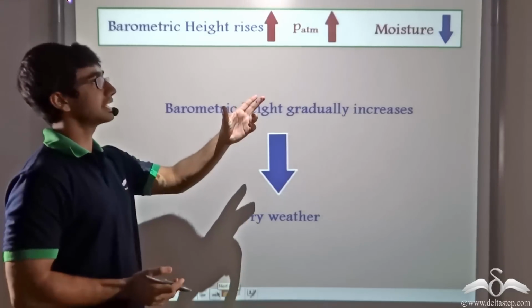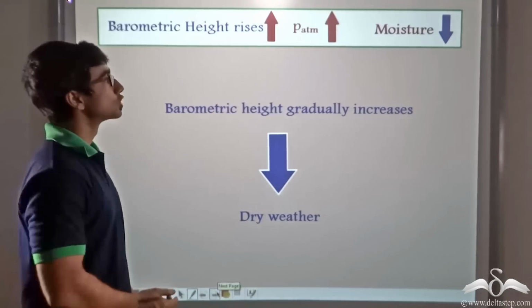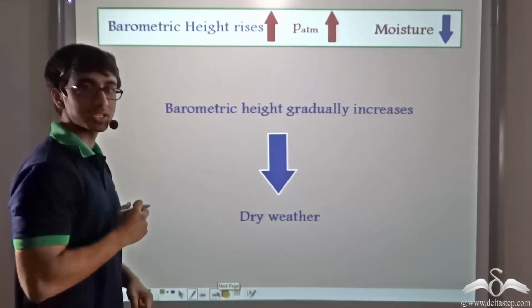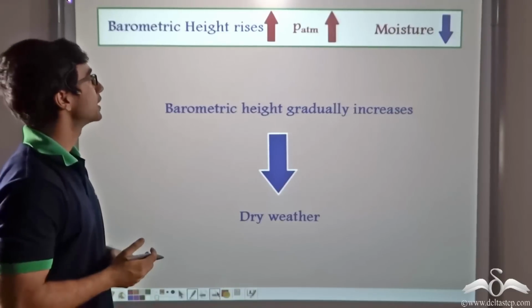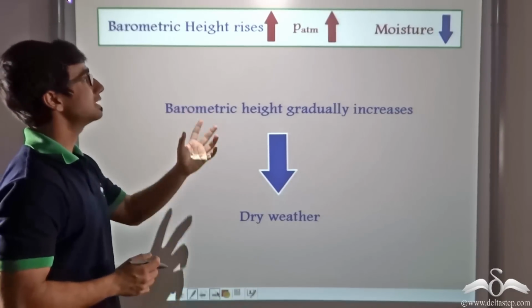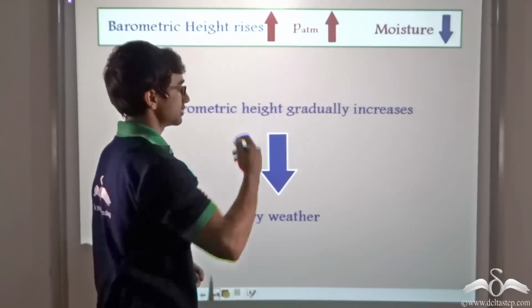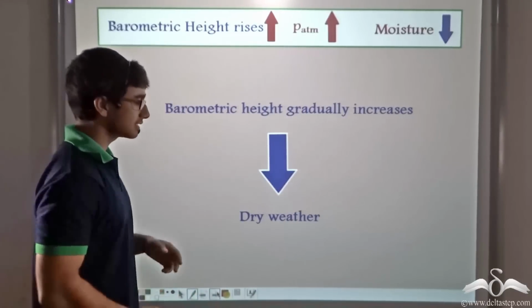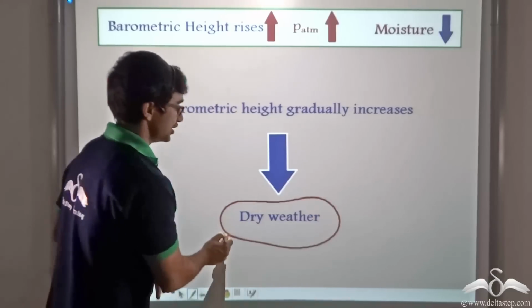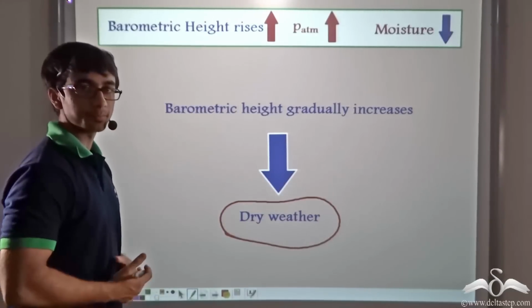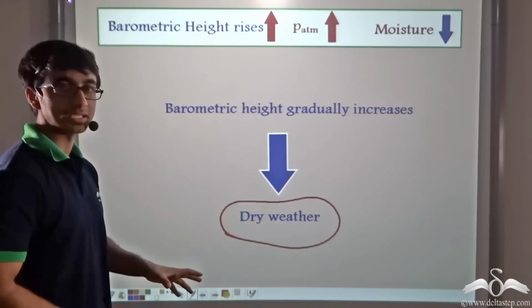Let's say the moisture content in air is decreasing. Due to this decrease in moisture content, if it is gradual, then the barometric height will gradually increase, which will signify an increase in pressure. So it means that the onset of dry weather is at hand.